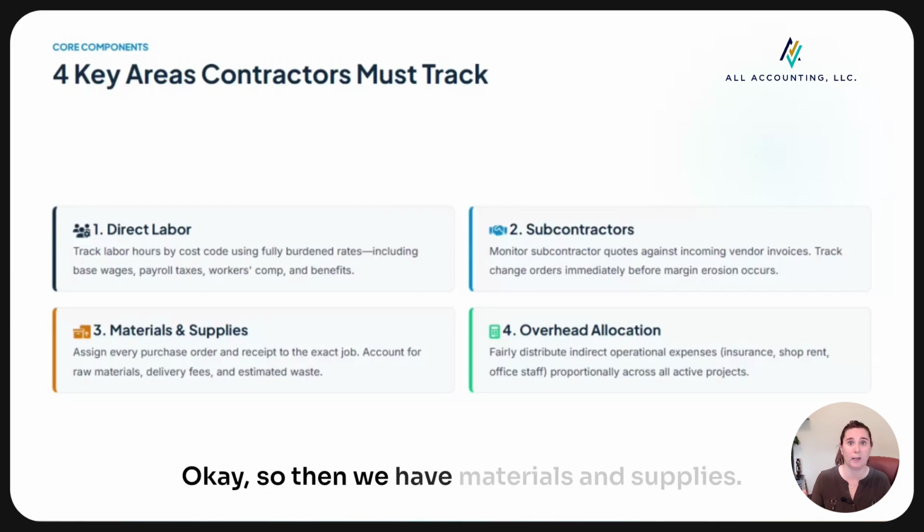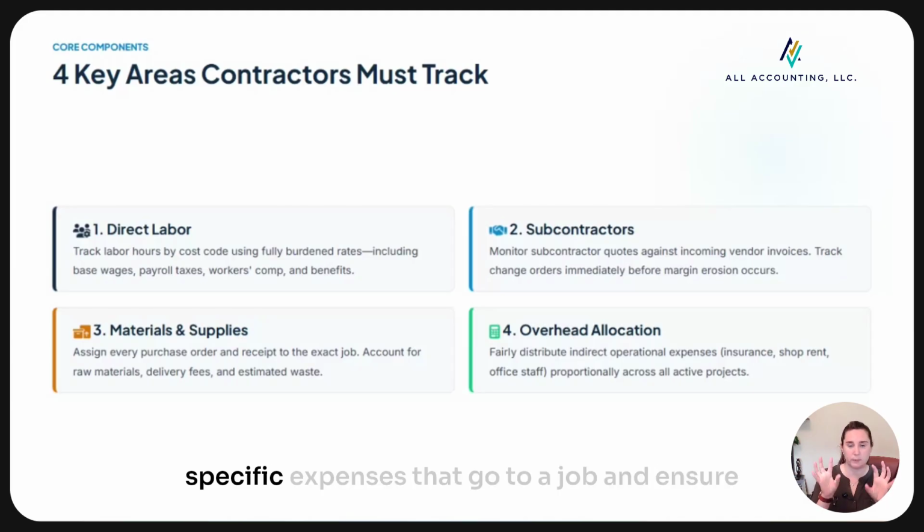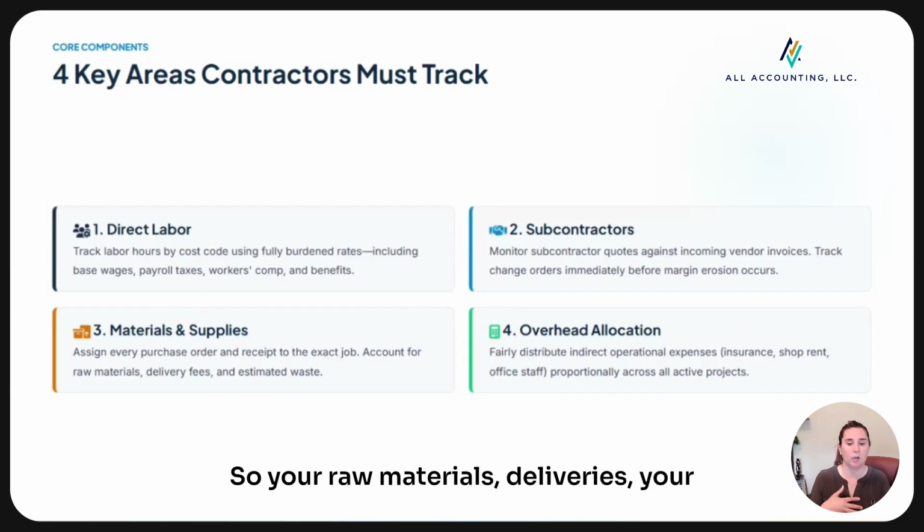Okay, so then we have materials and supplies. You're going to, again, account for all of these specific expenses that go to a job and ensure that they are all tied in. So your raw materials, deliveries, your estimated waste that you have with it.